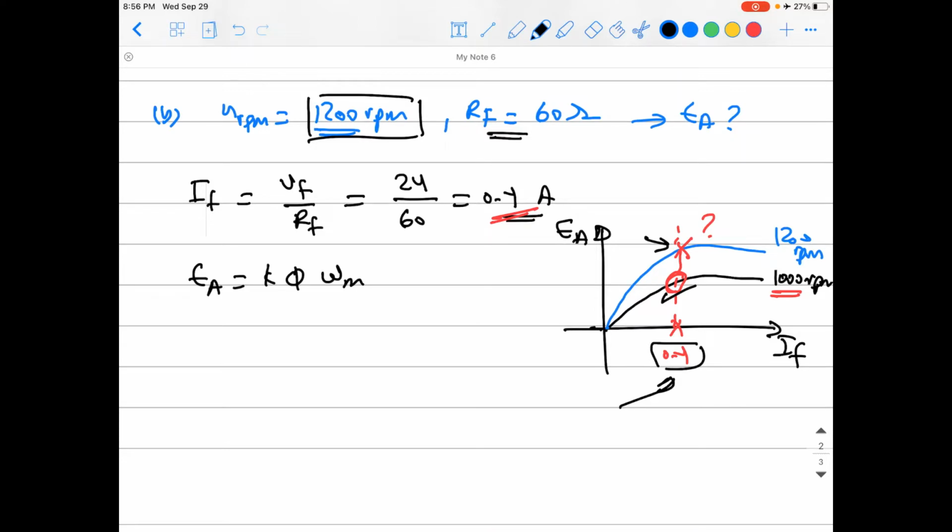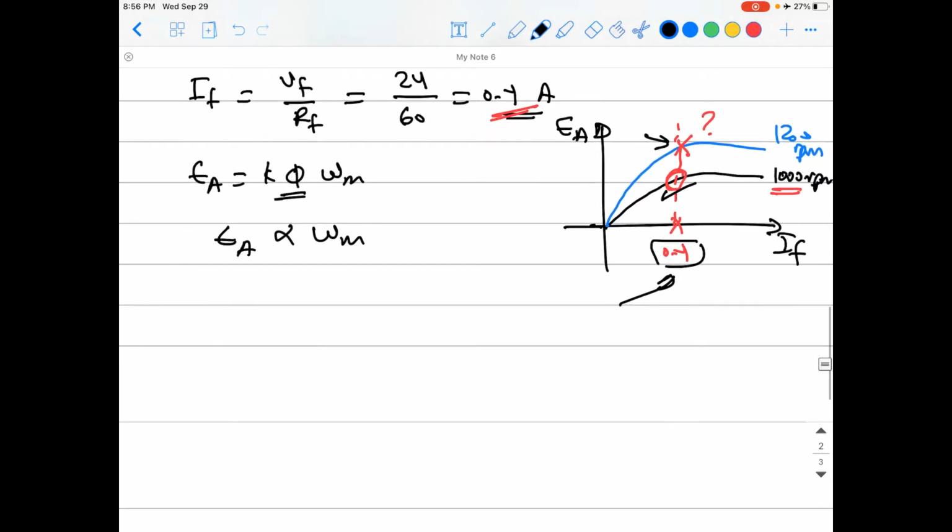That means we're dealing with the same amount of current. That means phi is now constant between those 2 points. So that means EA is directly proportional to the speed at the same flux, which comes from the field current. So you can basically find this easily.